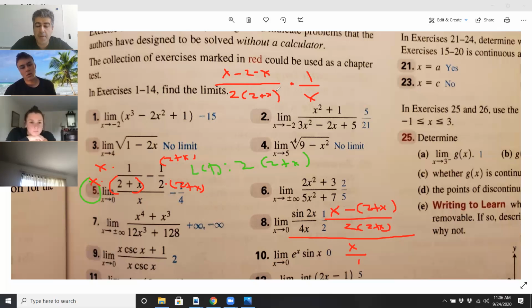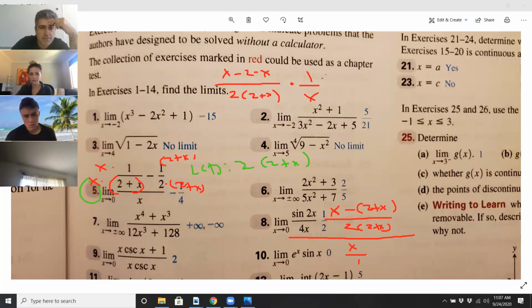Don't get lazy, you've got to write the limit notation, just so you know. The x's cancel. Well, actually, yes, the x's cancel. Wait, no. I made a mistake somewhere. I think the left side should be multiplied by 2, not by x. Yeah, I'm sorry, guys. See, I'm human. See, I caught myself.